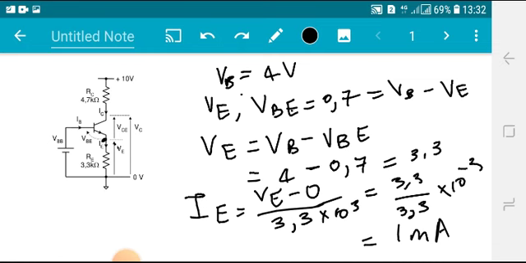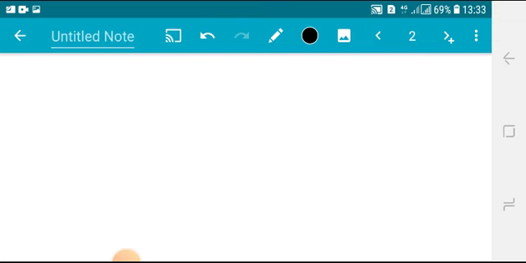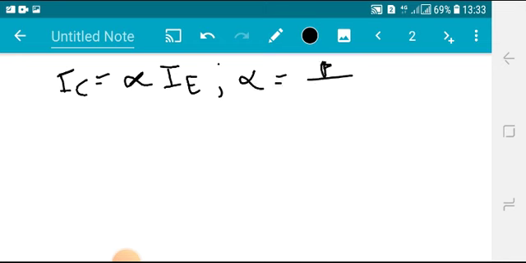Proceeding further, what's my next step? My next step is to find what IC is, since I already have IE. I know that IC is related to the emitter current by this relation, where alpha is equal to beta over beta plus 1, and beta is the current gain, or the common emitter current gain.